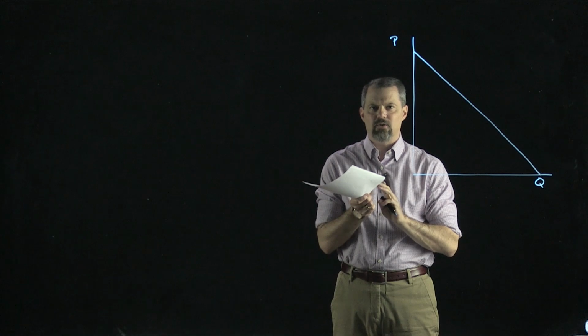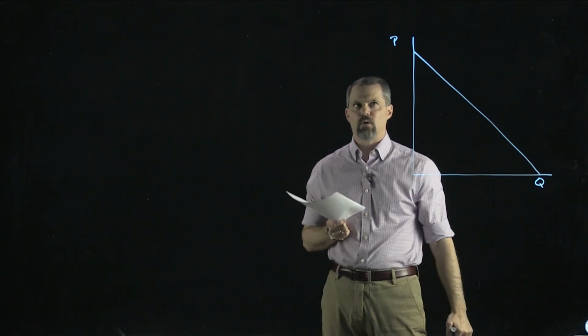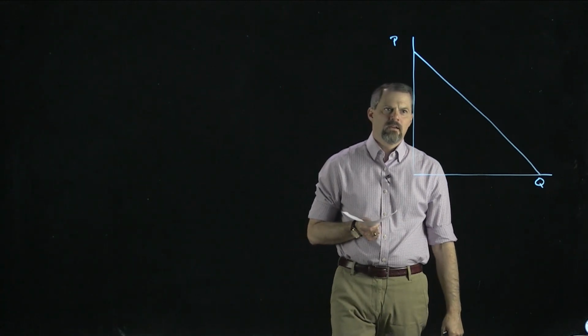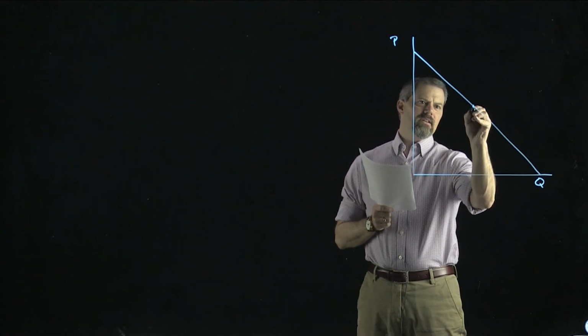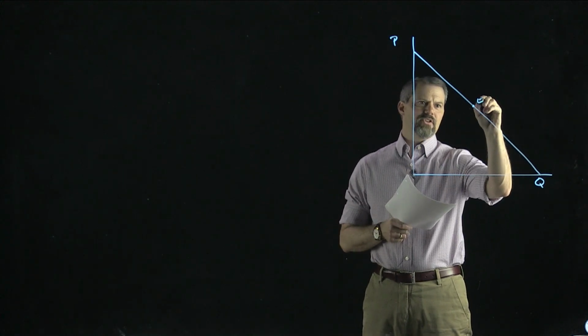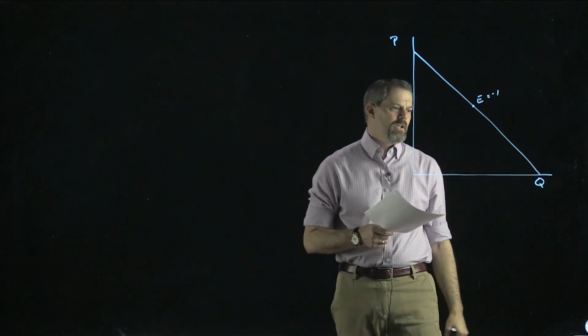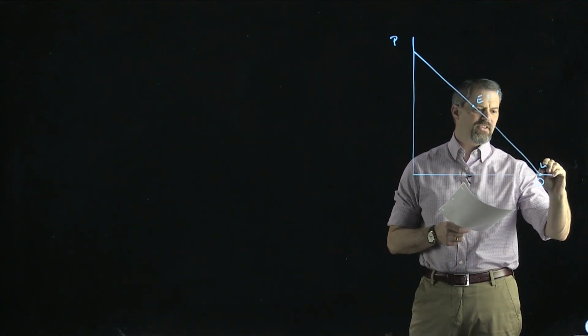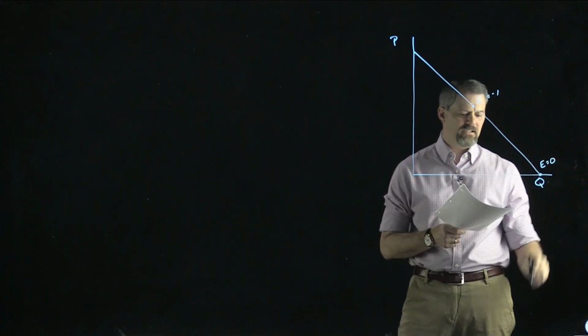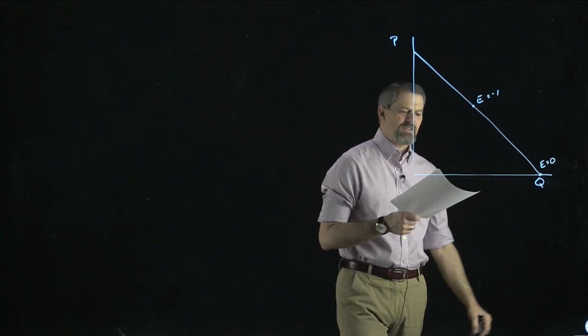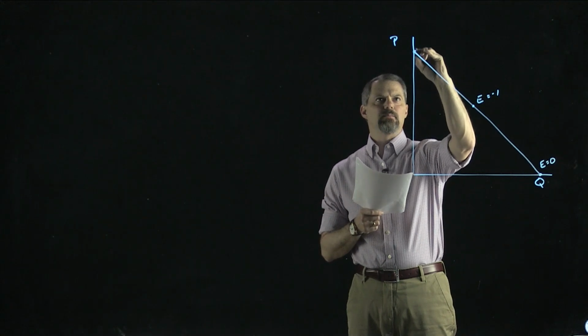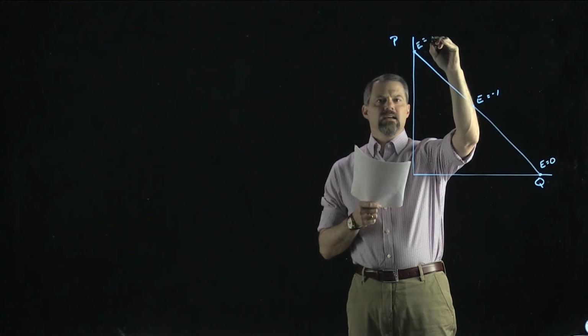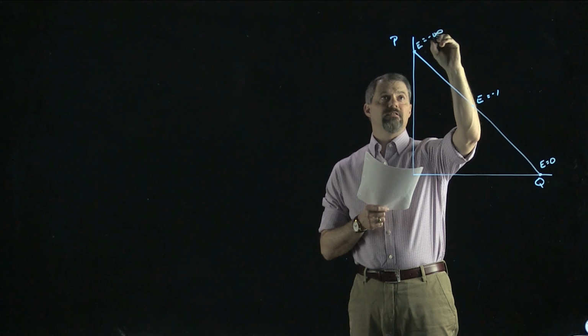The slope part's not going to change, it's just going to be different price quantity combinations. What you'll see is at the midpoint, the elasticity is going to be equal to -1. You'll see that down here at this endpoint, the elasticity is equal to 0. Demand is perfectly inelastic. And down here at this endpoint, the elasticity is going to be equal to -infinity.